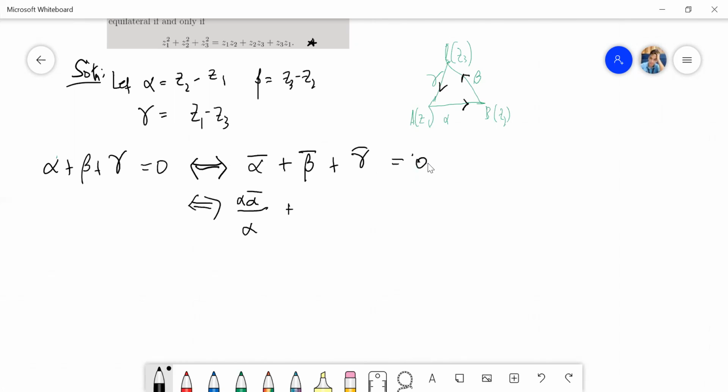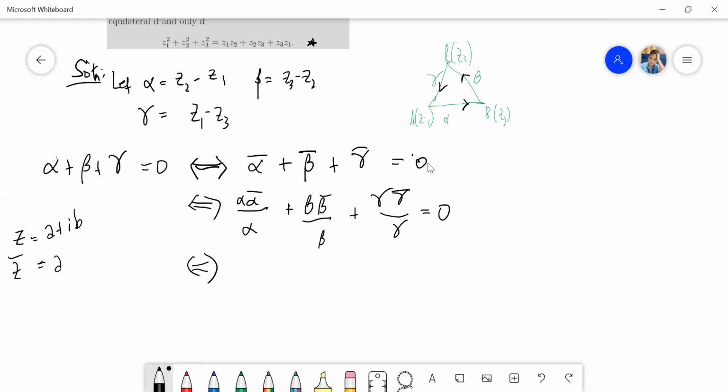Same with what happened to beta and gamma. Now, recall that if you have z equals a plus ib, you have the conjugate equals a minus ib.